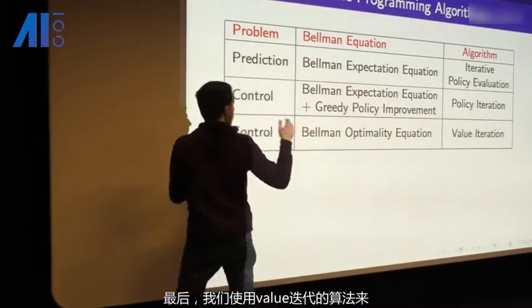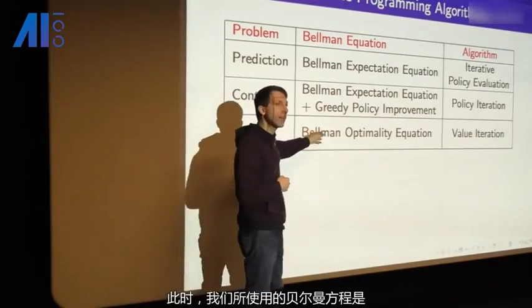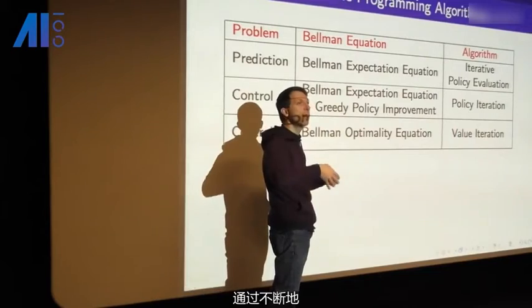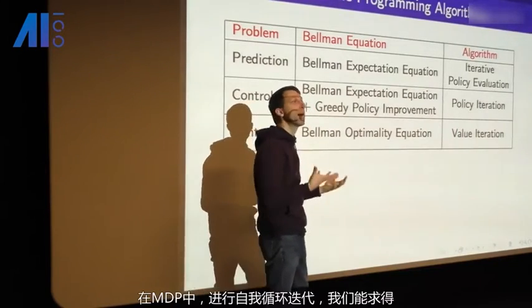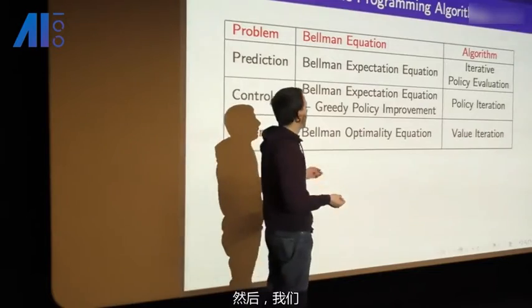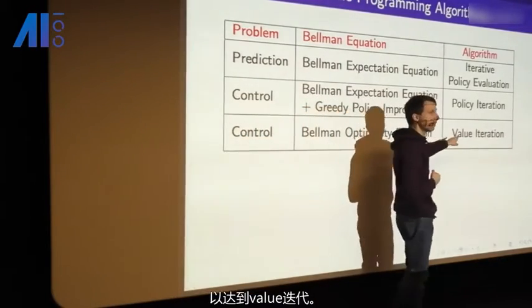And then finally, we moved on to the value iteration algorithm, again addressing control. The Bellman equation we look at now is the Bellman optimality equation with the max in the equation, which tells us how V star relates to itself, how the maximum reward you can get out of this MDP recursively relates to itself. When we turn this into an iterative update, we end up with value iteration.